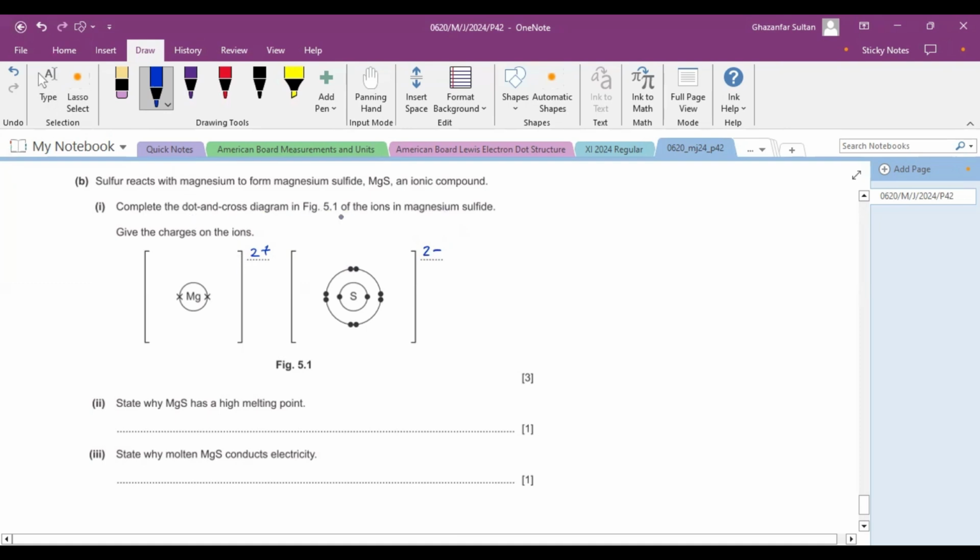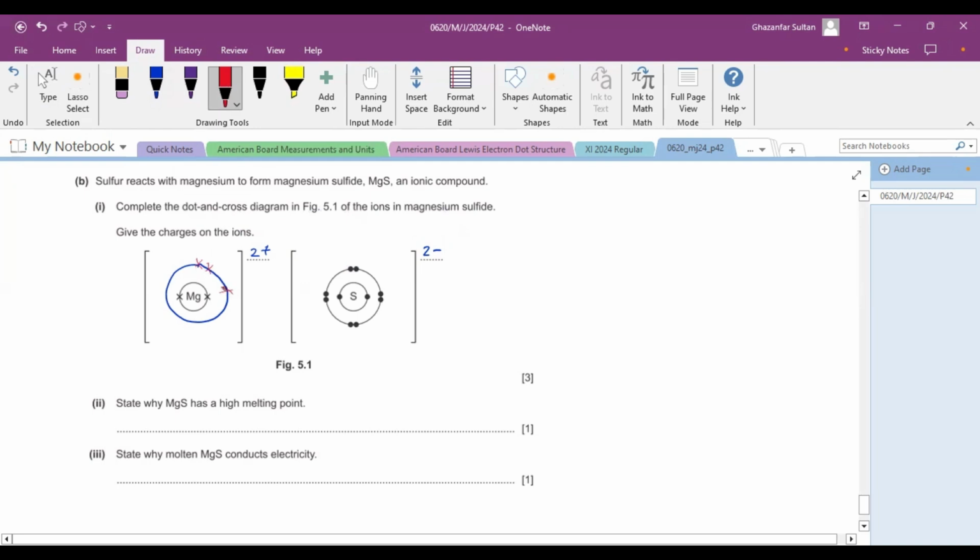And we have to complete their outermost shell. After losing 2 electrons, the outermost shell of magnesium has 8 electrons. And as they have shown the electrons in cross, we should show all the electrons in cross, means 4 pairs of cross.